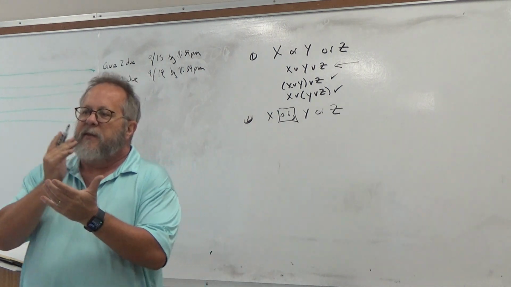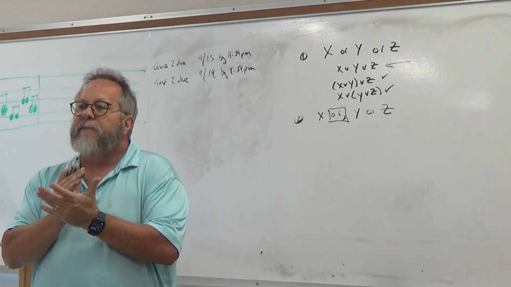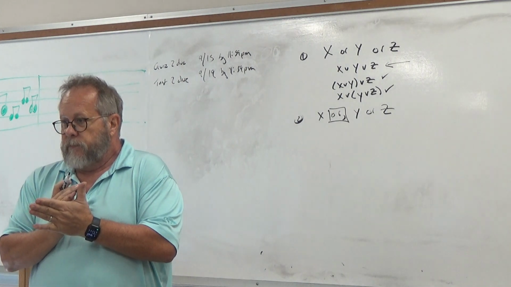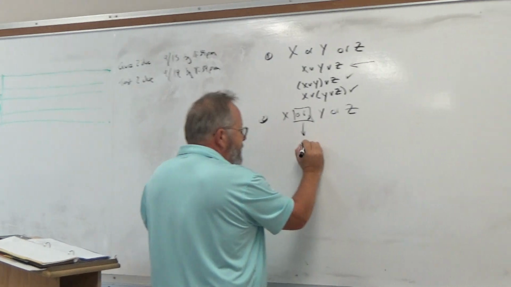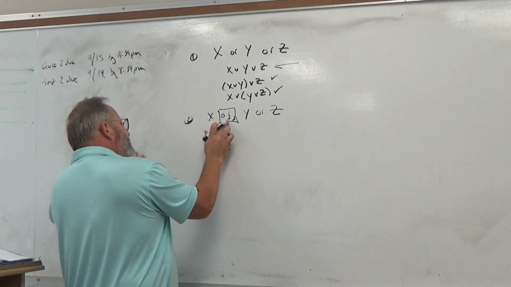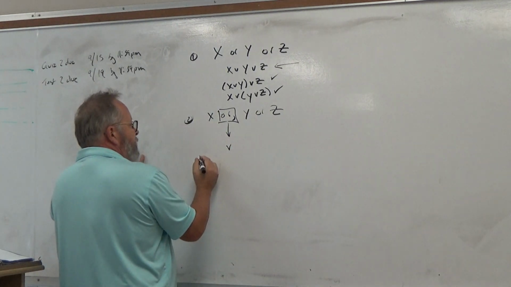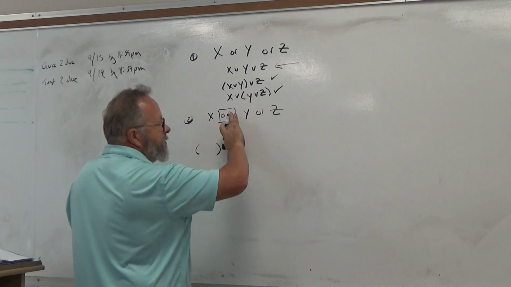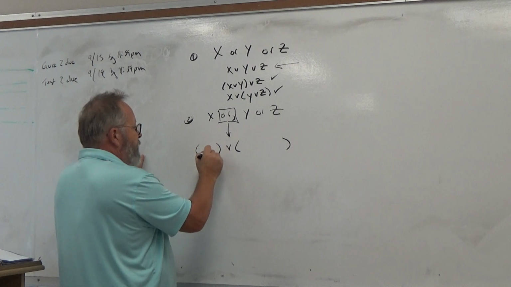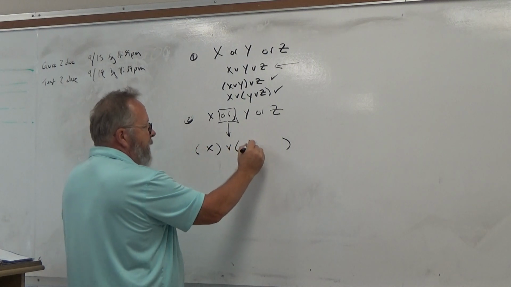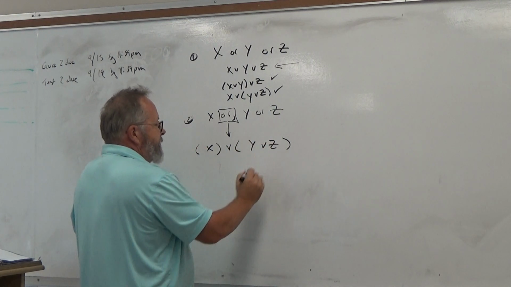That tells us that that or is the main logical operator. Okay? So I'm going to put the or down, and that means everything to the left of this is one disjunct, and everything to the right is one disjunct. So over here it's only x, and over here it's y or z.